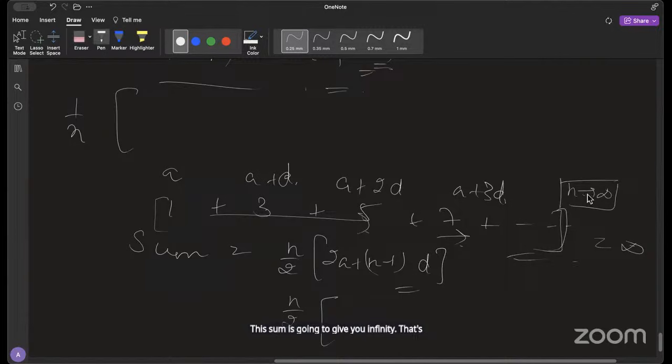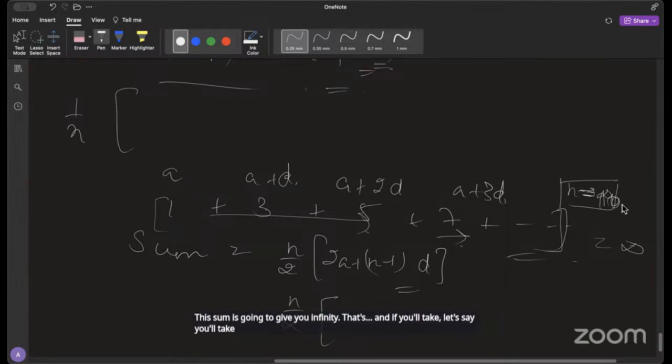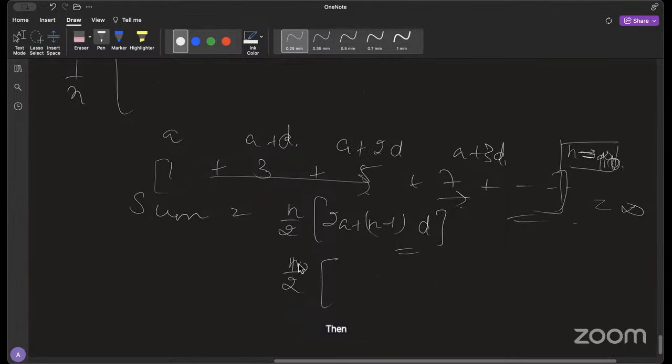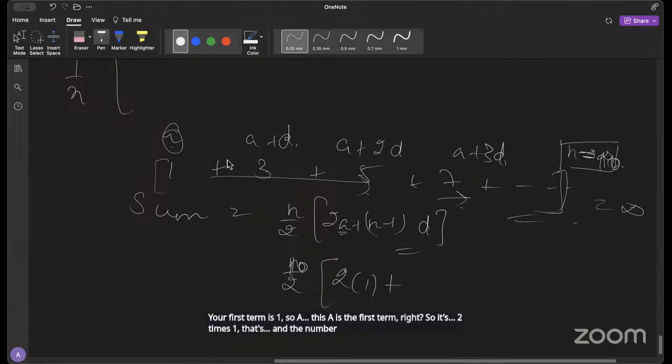Let's say you take n equals 10, then you can put n equals 10 here. Your first term is 1, so this a is the first term, right? So it's 2 times 1 plus the number of terms minus 1, and you know that it's 10, so it's 10 minus 1. n is the number of terms.